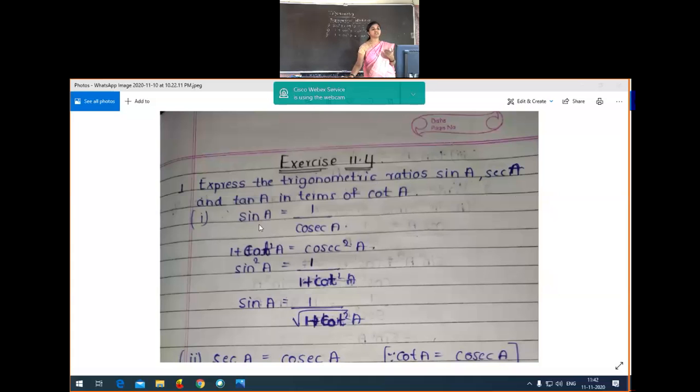First we'll start with sin A. Sin A in terms of cot A we have to express.